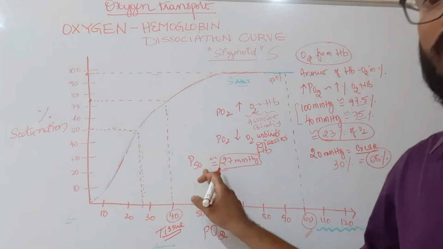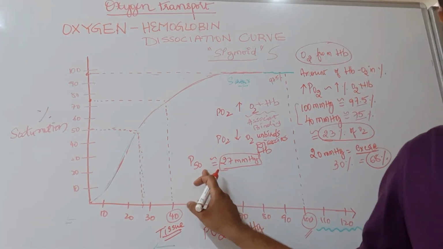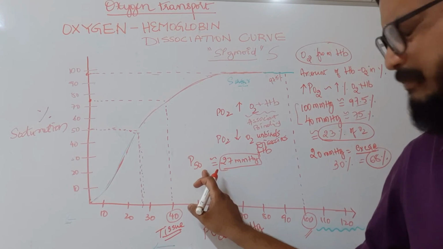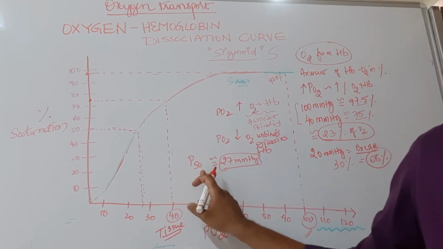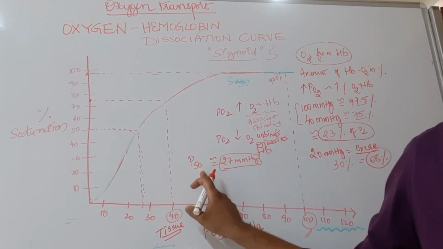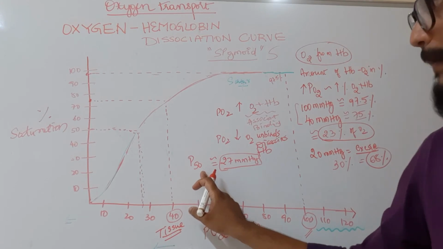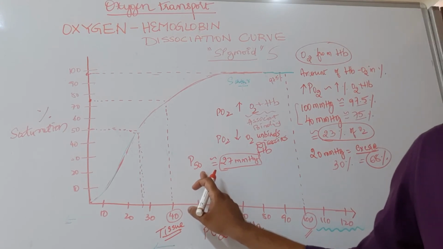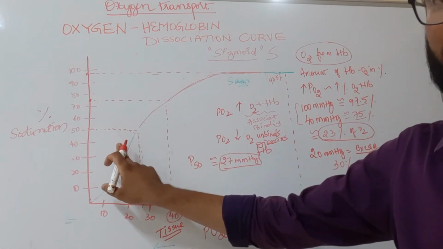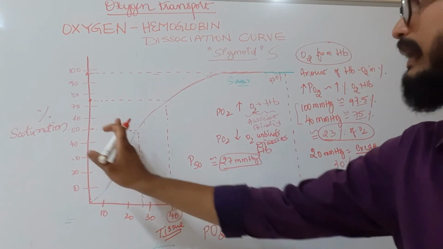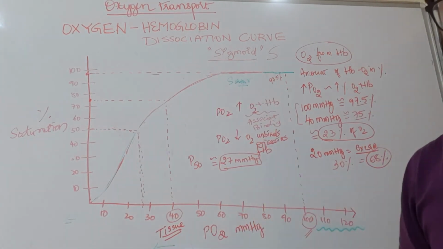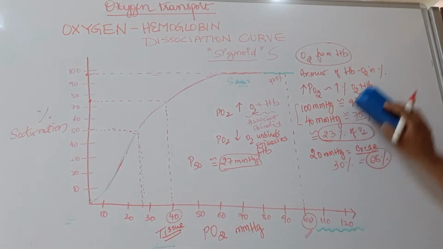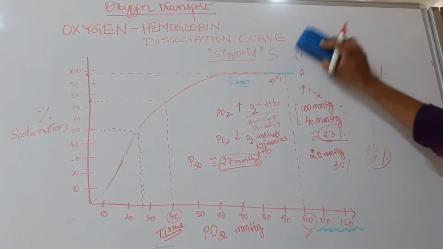A change in the value of P50 describes whether the curve shifts to the left or shifts to the right. So we have two terminologies to be remembered.